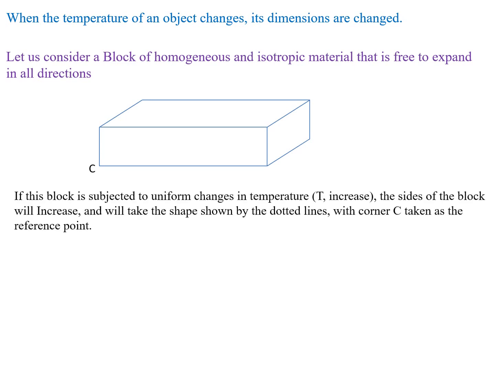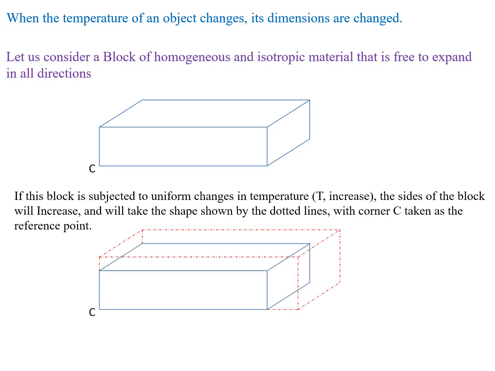And if the block is subjected to a uniform change in temperature, let us consider the change in temperature capital T. The sides of the block will increase and will take the shape shown by the dotted lines, with corner C taken as the reference point. Here these dotted lines represent the increase in dimensions of the block due to the change in temperature.